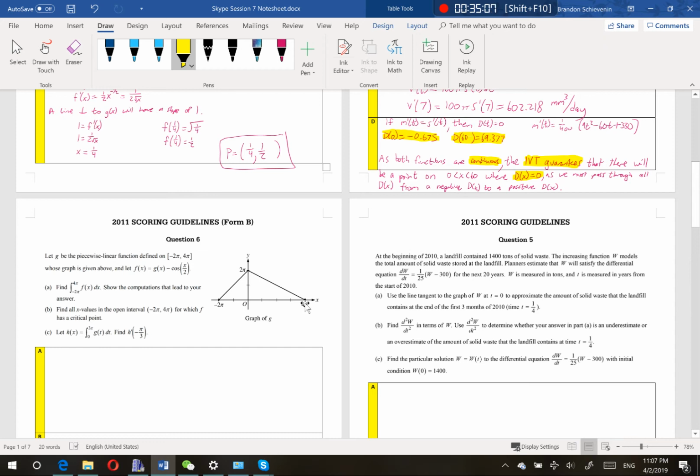I'm going to decide whether or not to skip really quick. So we're a little shorter on time than I'd hoped. Let's see, this one is question 6.